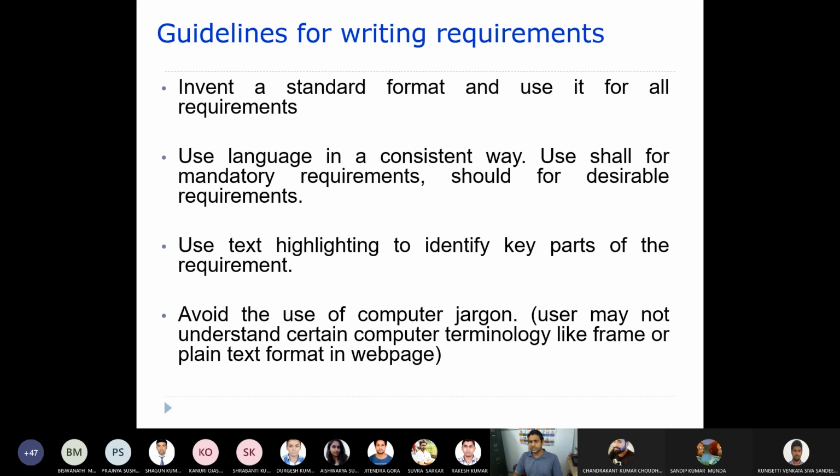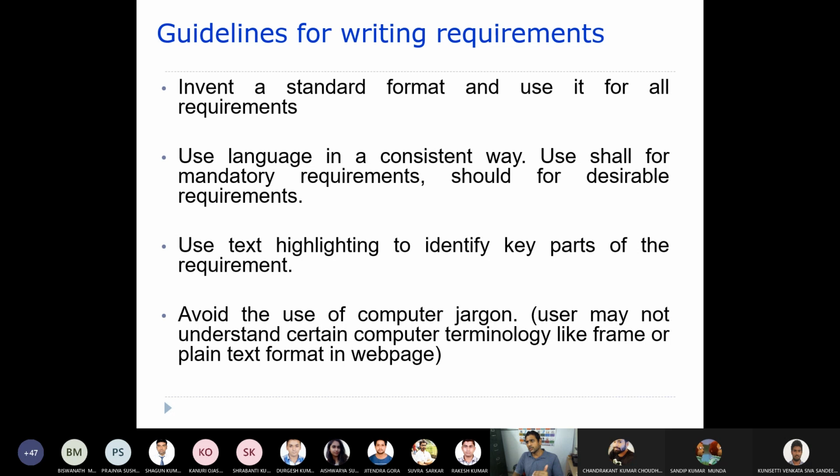Use language in a consistent way. Whatever language you are going to use, try to use it in a consistent way. Let's say you are using a word. At different points of time, you should not be using different synonyms of that particular word, because it will create confusion. Your language should be very consistent.